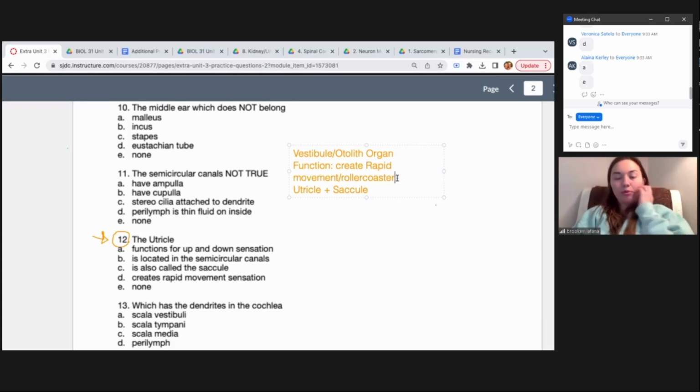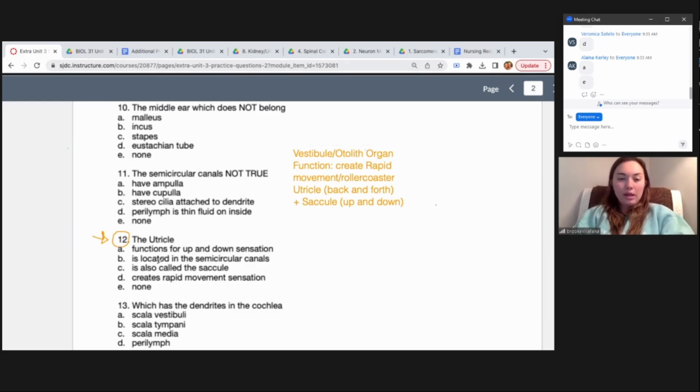It's going to perform that using the utricle. The utricle is for back and forth motion. The saccule is for up and down. The way you can remember that is you would drop a sack of potatoes, drop a sack down. That's how I remember it. So saccule is for up and down, versus utricle is back and forth.